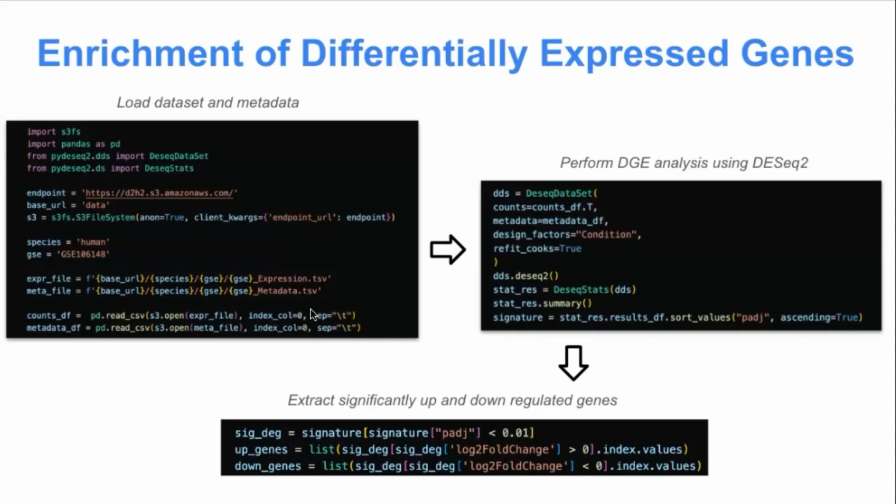But the way our counts data frame is structured as read from the S3 bucket is the opposite way, with the genes as the indexes and the columns as the sample barcodes. And so we transpose this first. We then put the metadata data frame into the metadata field, and the design factors is the name of the column of the metadata to be used as the design variable. For us, this is the condition column.